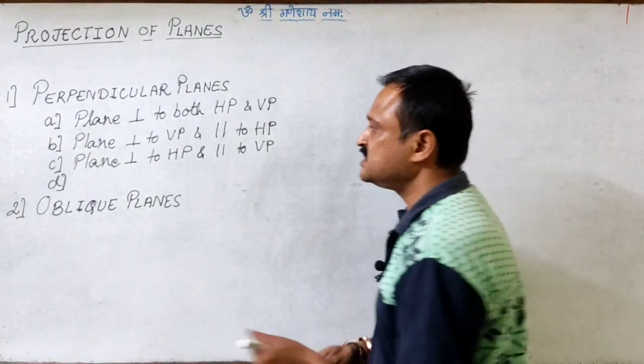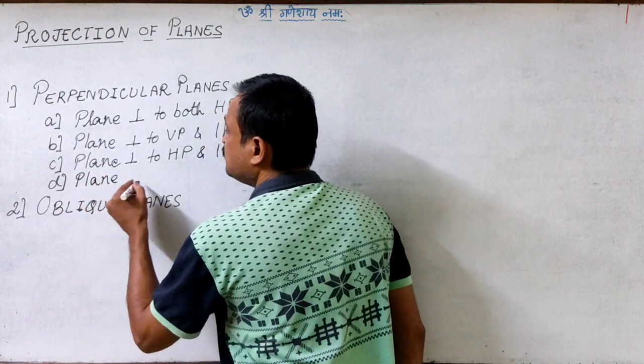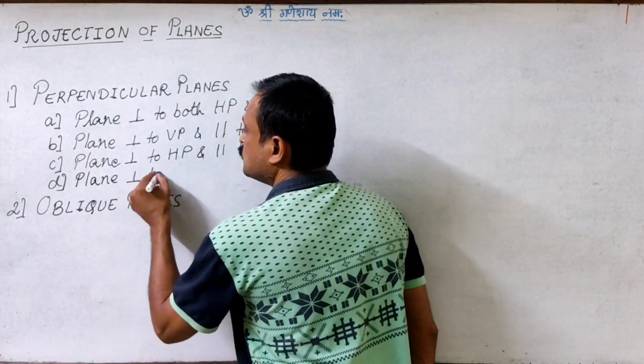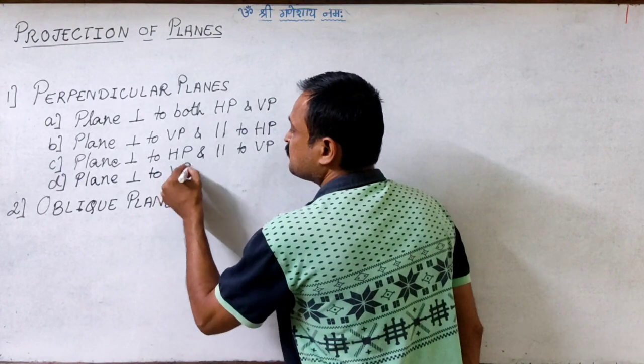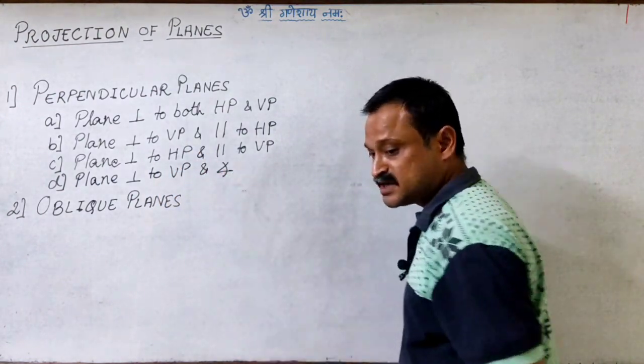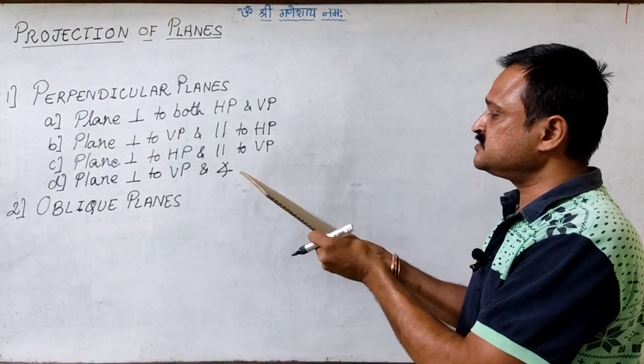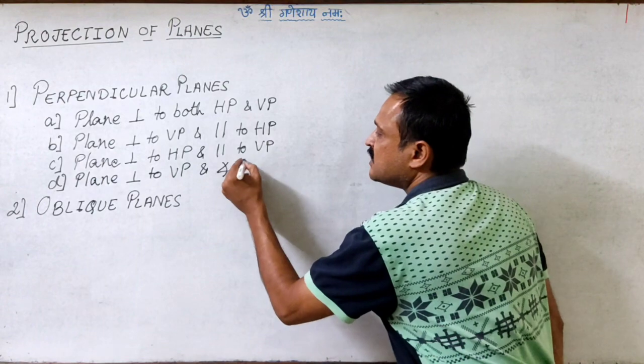So this third condition I can say where a plane is perpendicular to VP and it is inclined to HP.